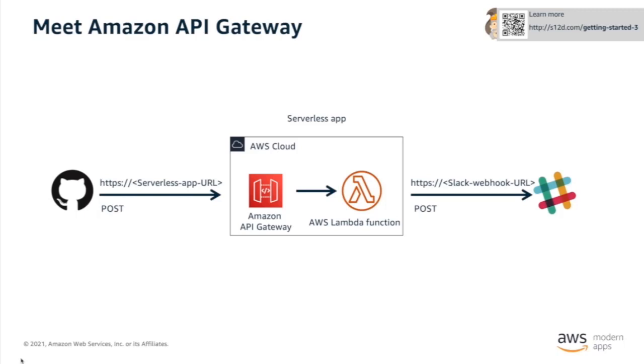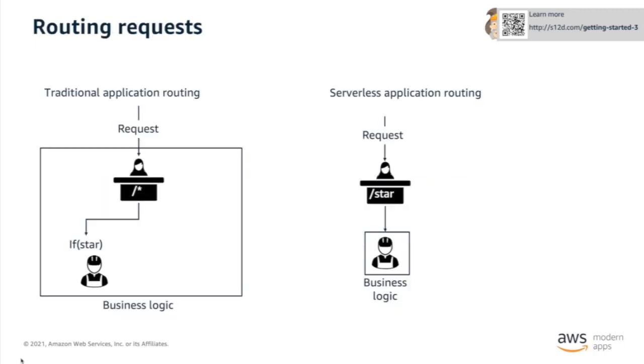And I mentioned before how traditional application architectures hold all the business and routing logic together as a single unit or single code base. In contrast to this, serverless applications will use managed services to separate the business logic from other application components. And one of those components that can be decoupled is the routing logic. Here's how it works.